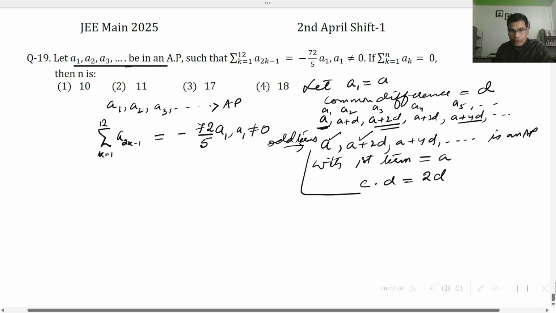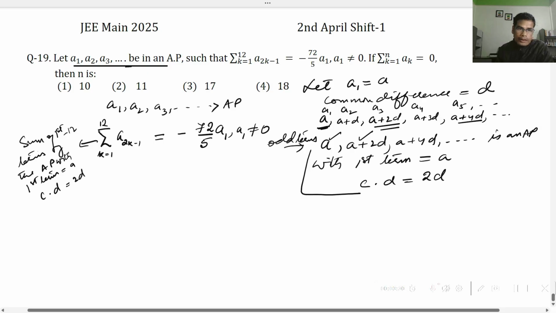Therefore, this summation is nothing but the sum of the first 12 terms of the AP with first term equal to A and common difference equal to 2D.